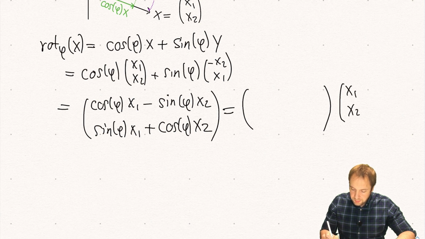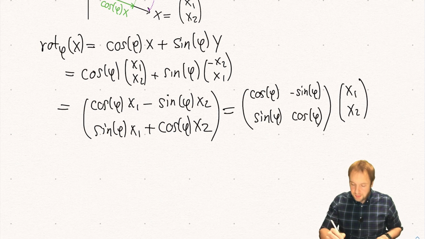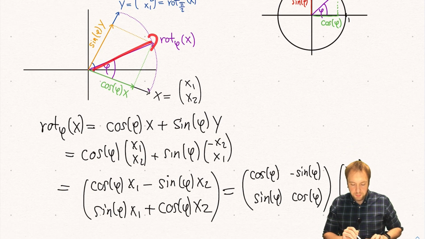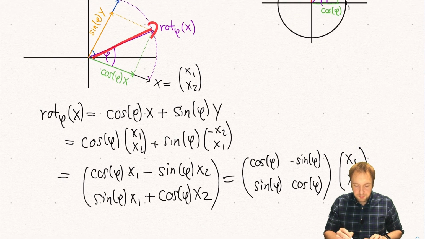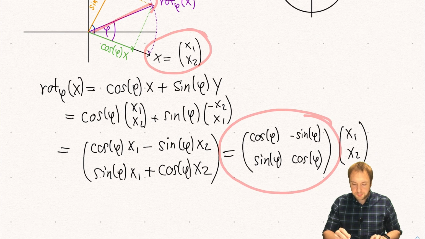And here the entries are cosine of phi, minus sine of phi, sine of phi, cosine of phi. So we see this rotation in this picture, this purple vector, can be described by multiplying this vector x with this matrix here.